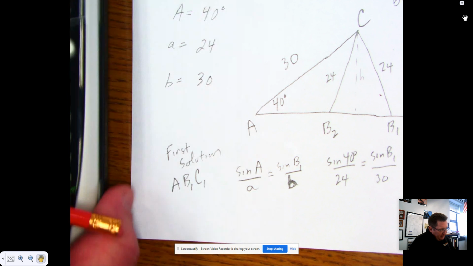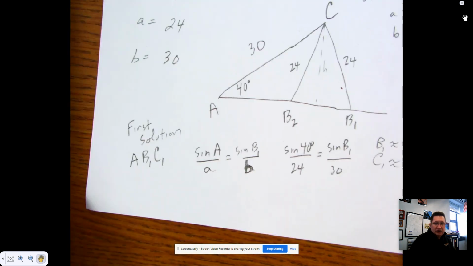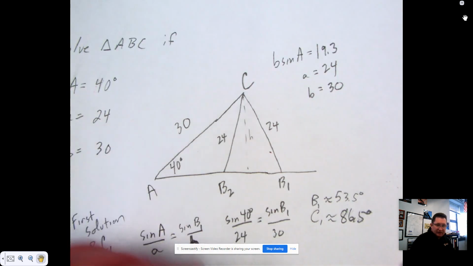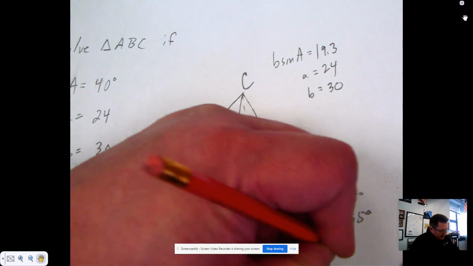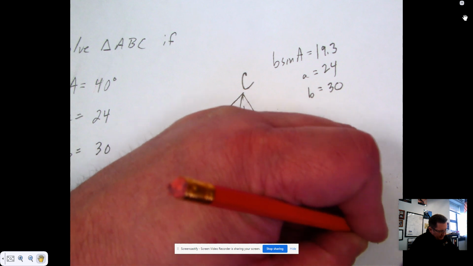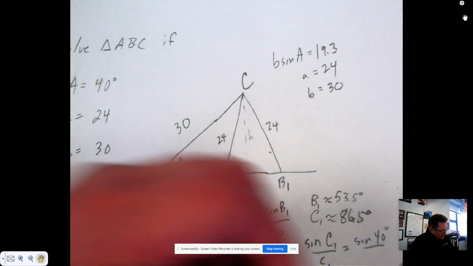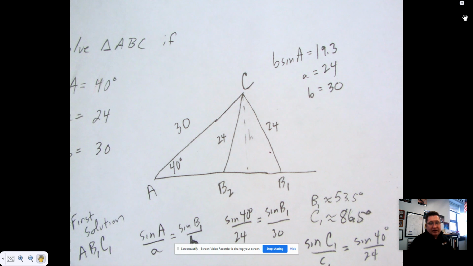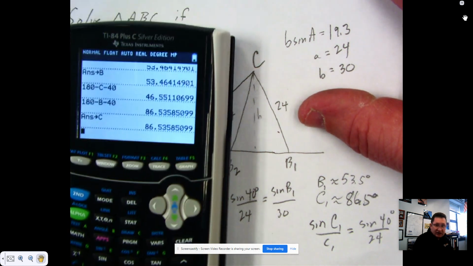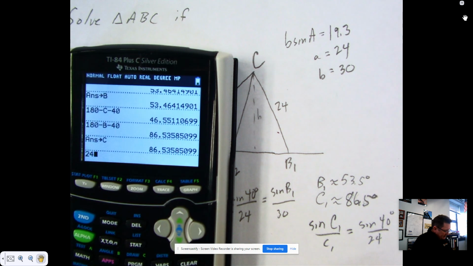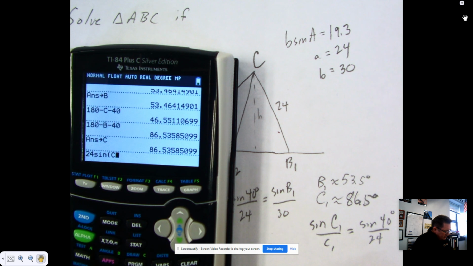Okay, now I'll store that one as C. Then I've got those sides, and I can find C1. The sine of C over little c is equal to the sine of 40 over 24. That's just a proportion situation, so I take 24 times the sine of C, which I just stored, and divide by the sine of 40.